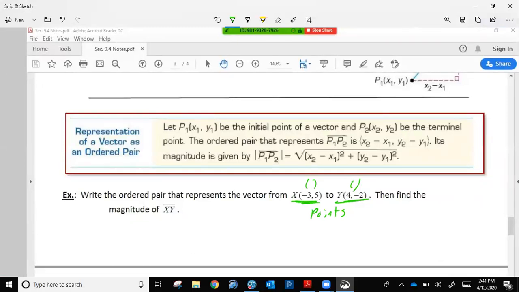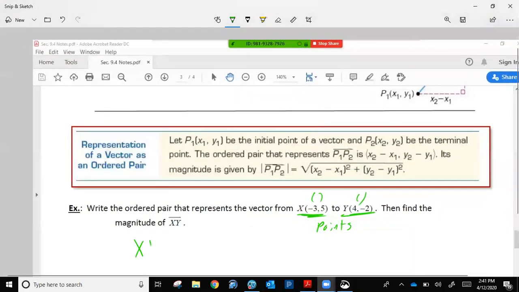I can figure out the vector if I figure out, so again, vector xy is going to be how far do you move horizontally and how far do you move vertically between those 2 points, because vectors are how far you're moving.